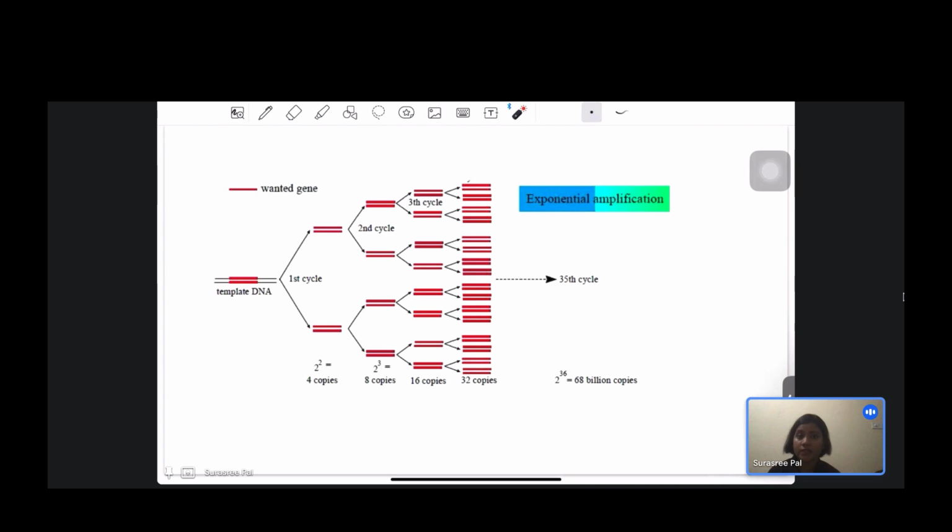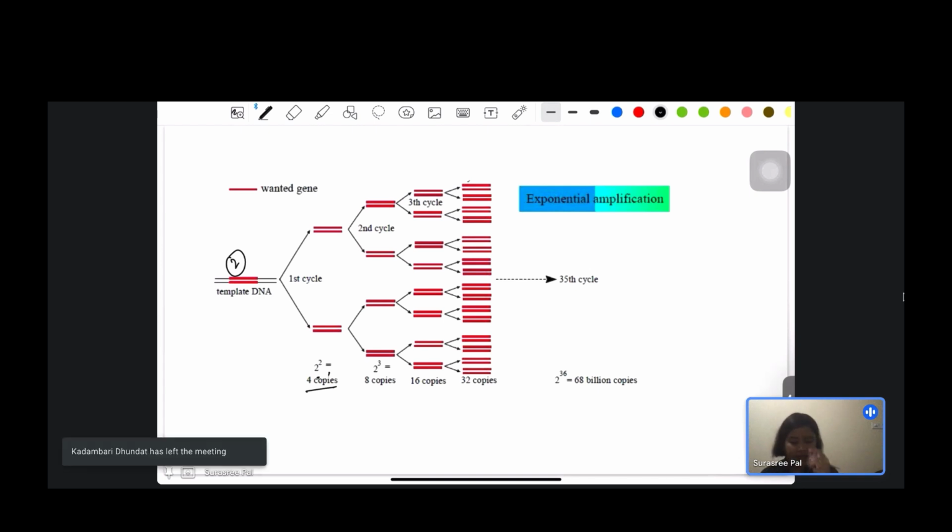This also comes in some questions, so be very careful about it. How many molecules of DNA will be produced at the end of each cycle? So if we start with 2 molecules of DNA, after the first cycle we get 2 to the power 2, that means 4 copies of the DNA molecule, right?